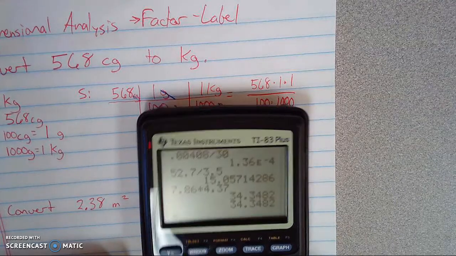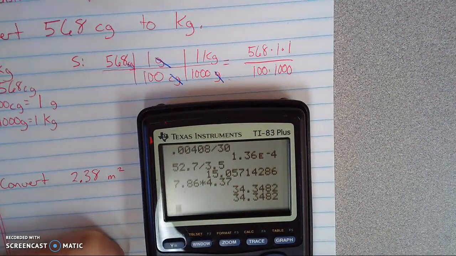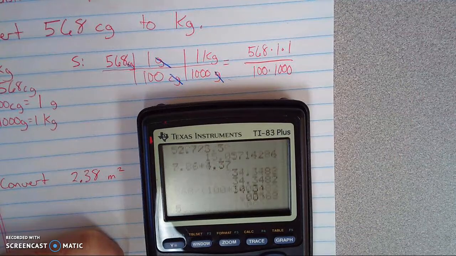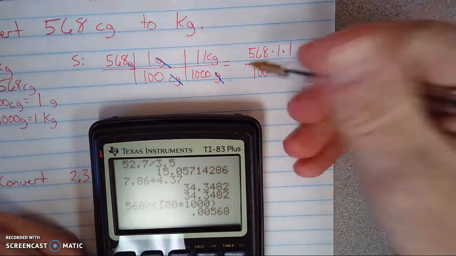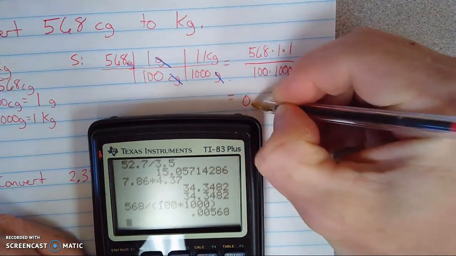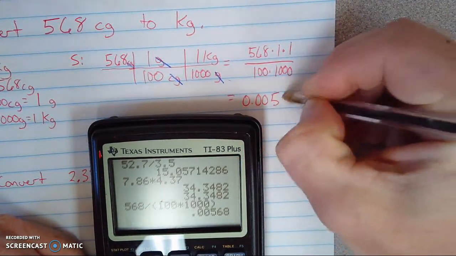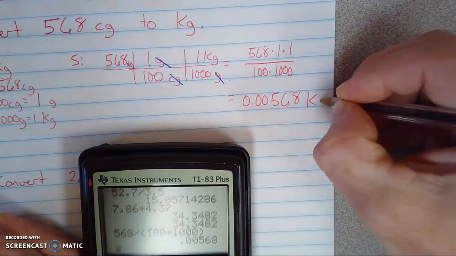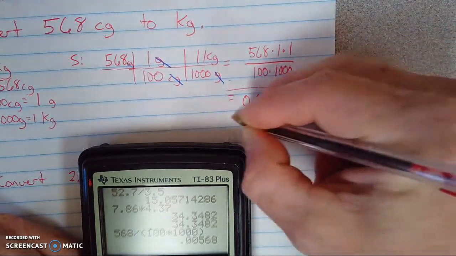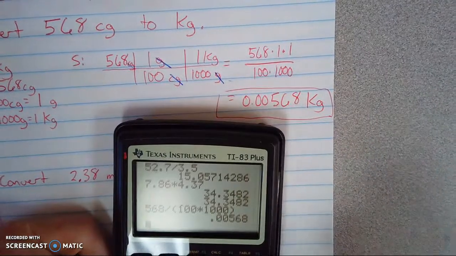I've got an old TI-83 over here, so 568 divided by 100 times 1,000. And there you go. That's going to equal 0.00568, which has the correct number of significant figures, and kilograms is the unit. If you're working on a simpler calculator, that's fine.